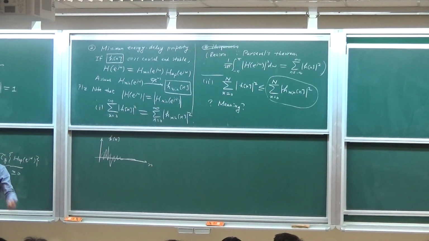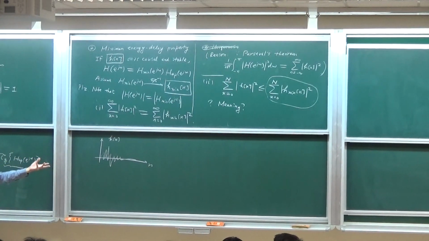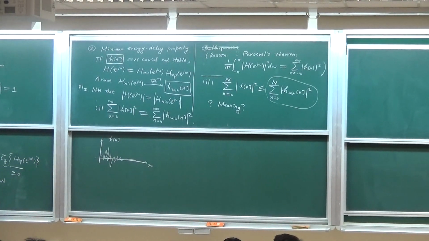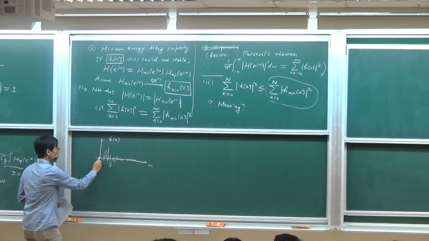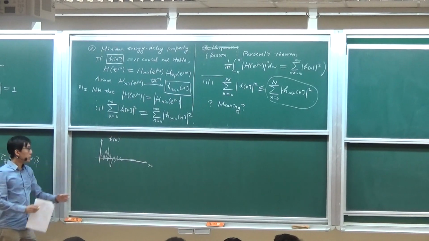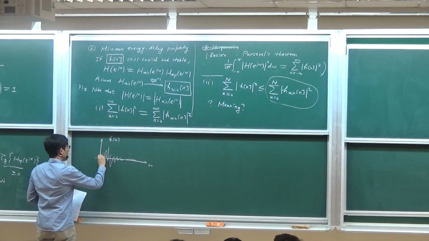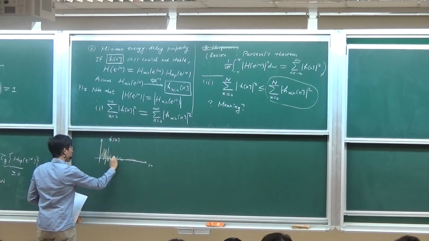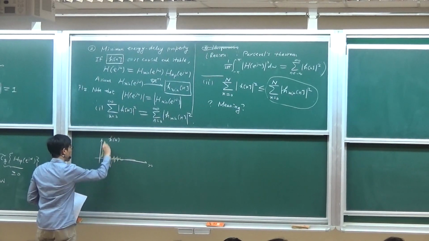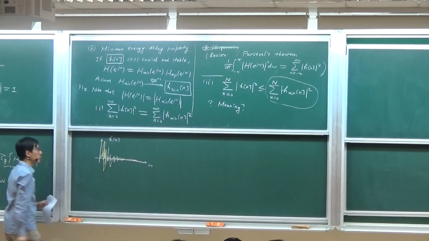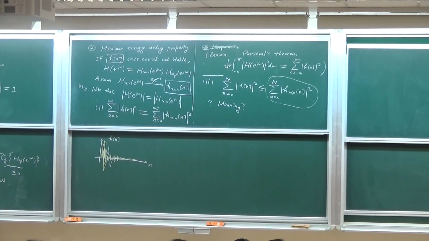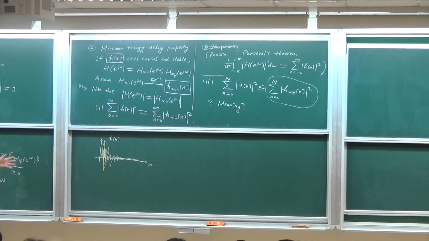It becomes another function, h min of n. We find that the total energy is going to be the same as h of n, but the partial energy is more concentrated in earlier time, while the total sums of squares are equal. And this is referred to as the minimum energy delay property. So that's the way I see it by drawing an example.